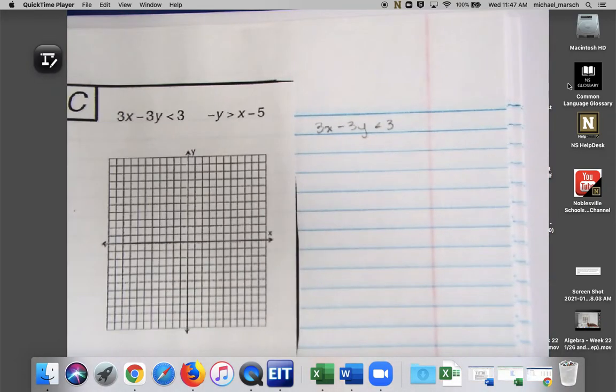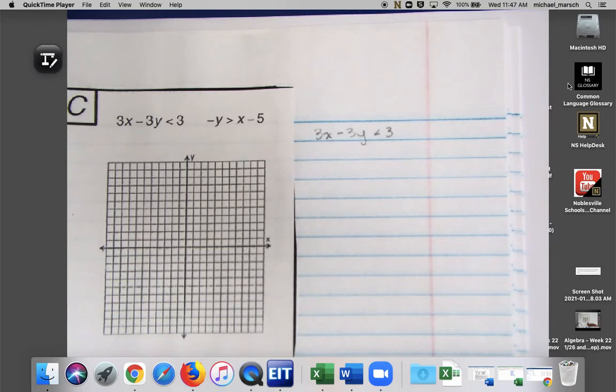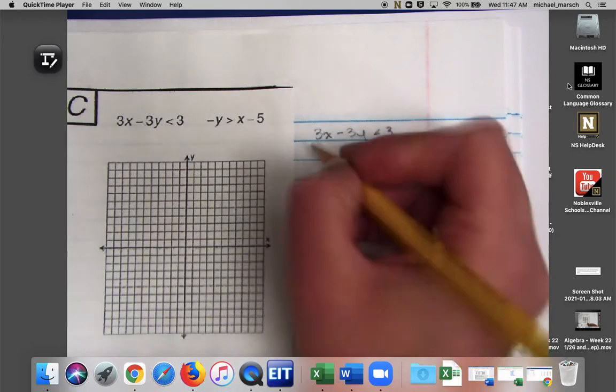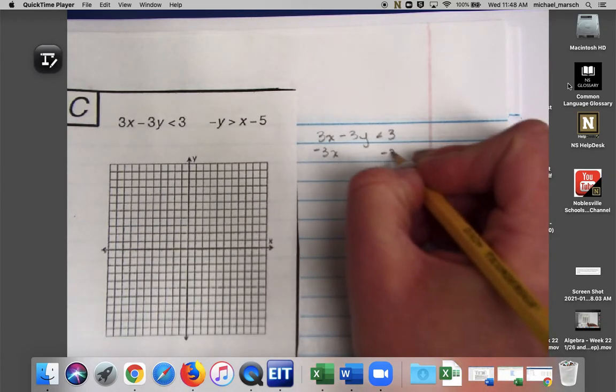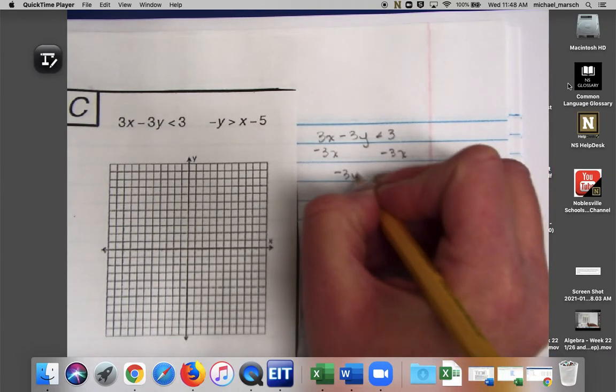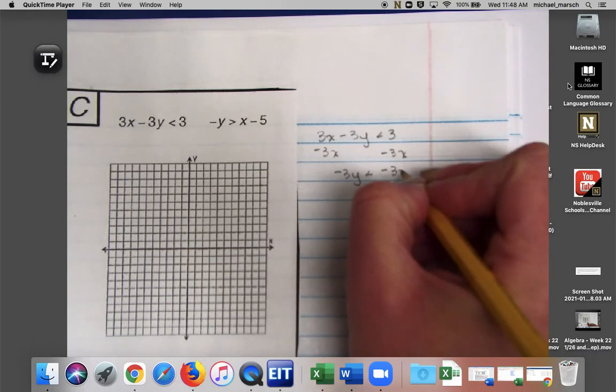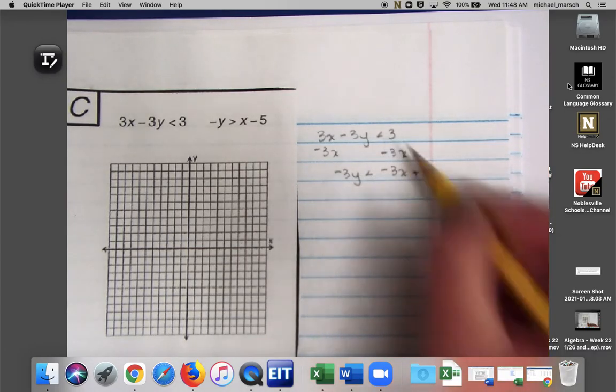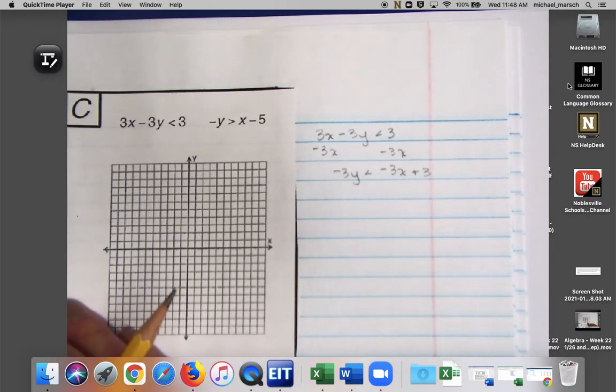So somebody tell me, how am I going to rearrange this so that it's in slope-intercept form? I'm going to subtract 3x. So now I have negative 3y is less than negative 3x plus 3. Remember, we sneak it up there so it's in slope-intercept form.